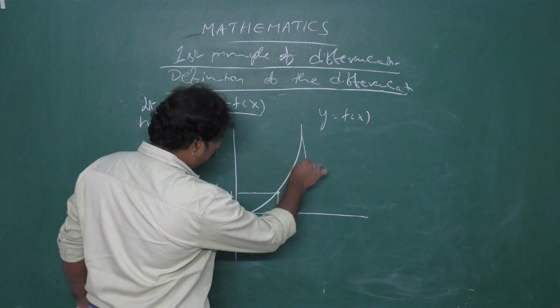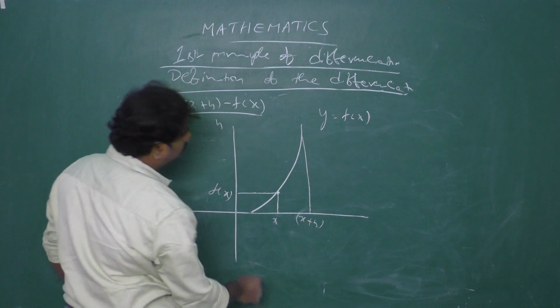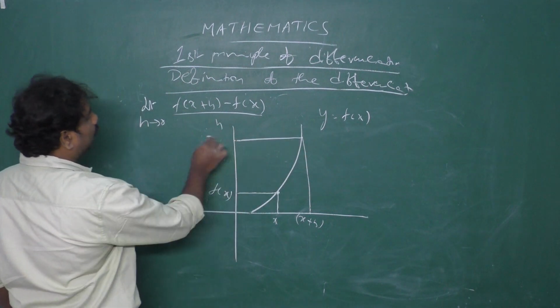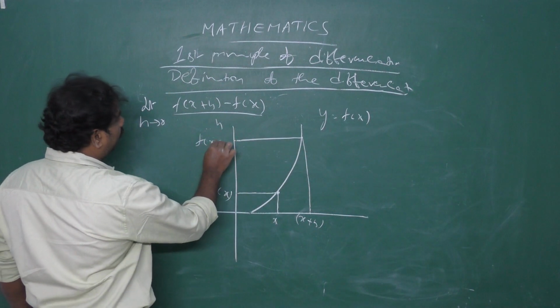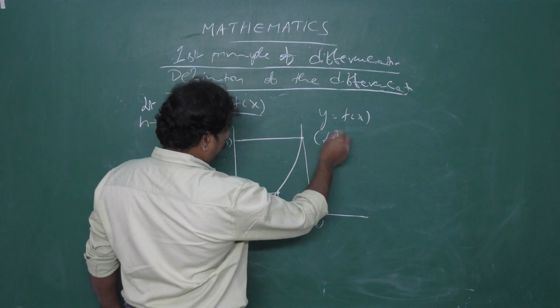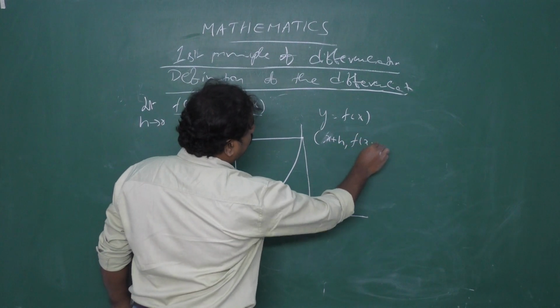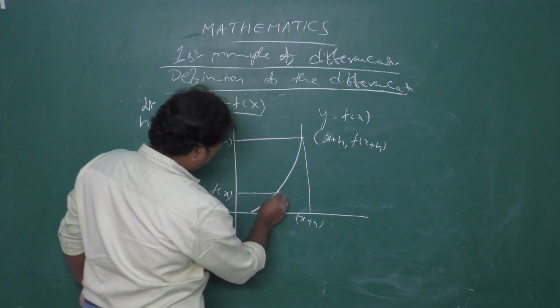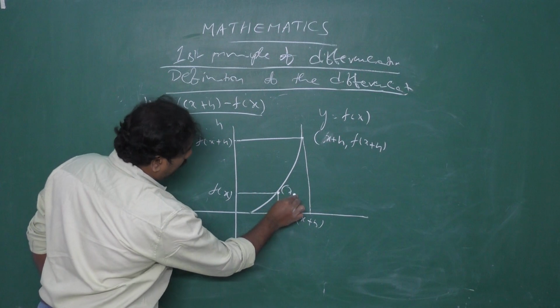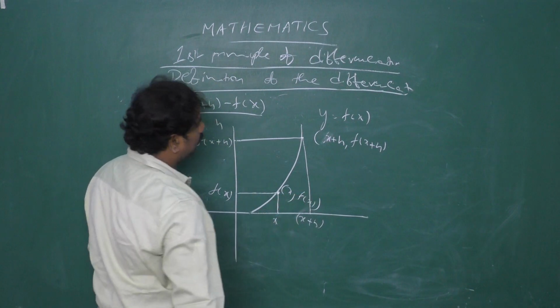When x varies to x plus h, its y coordinate is f of x plus h. So this point is x plus h, f of x plus h, and this point is x, f of x.